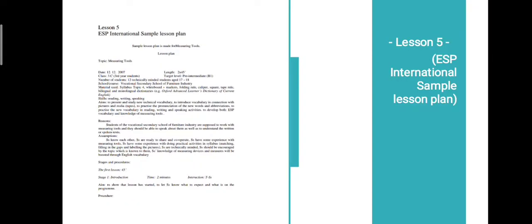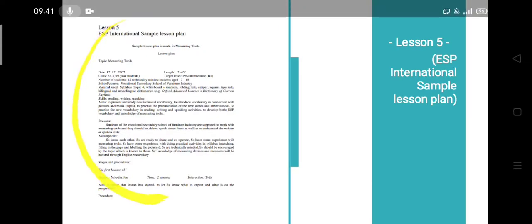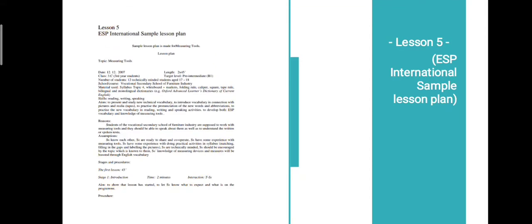This is the last lesson that we have. Lesson 5 is the ESP International Sample Lesson Plan. As you can see, this is an example of the ESP International Sample Lesson Plan. So this is a sample plan that you must have if you are teaching ESP.